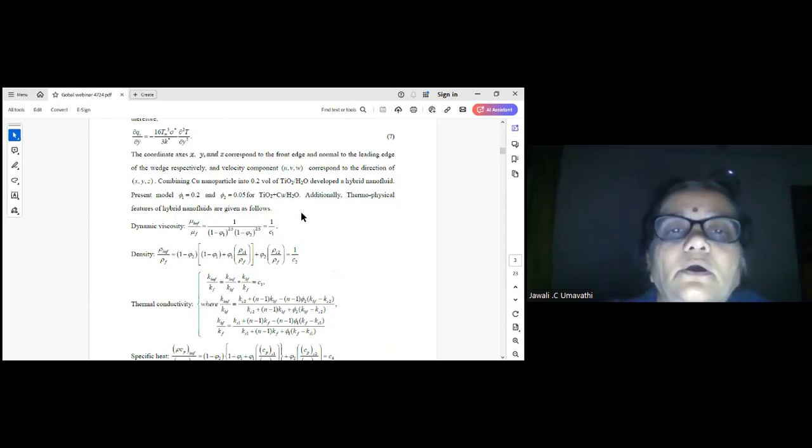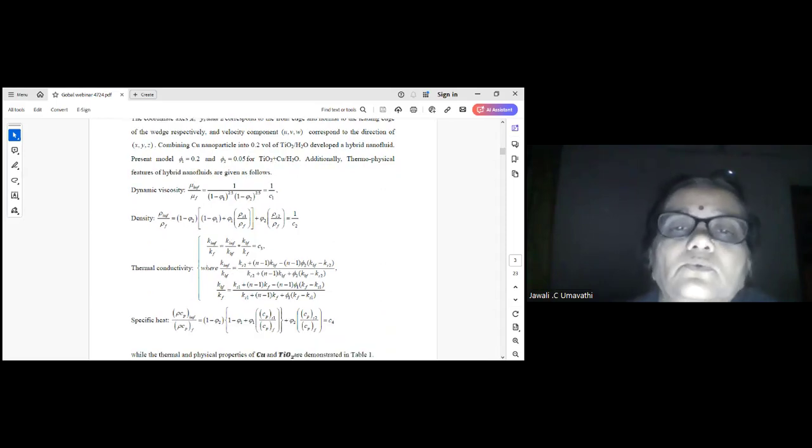We should be very particular with the concentration of the nanoparticles. So for copper, I'm taking 0.2, and TiO2 for hybrid nanofluid, I'm taking 0.05. These can be changed because after all it is a modeling, we can go for any values.